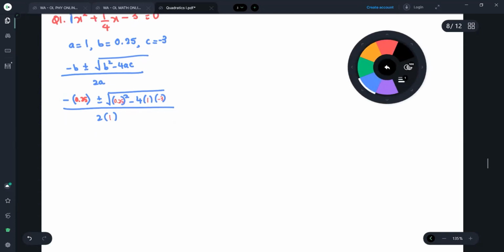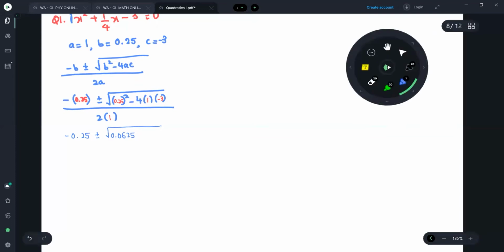Now tell me what the answer will be. This would be minus 0.25 plus or minus 0.25 squared, please. 0.0625. Yes.